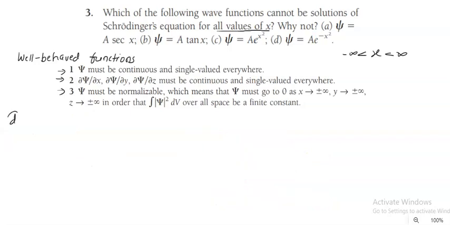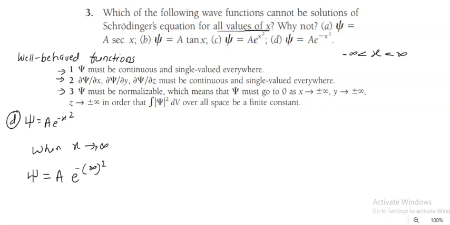So the last wave function, that is psi is equal to A e to the power minus x square. Again we can check the normalizable condition here. So it is a Gaussian, and when x tends to positive infinity, then the wave function psi is equal to A into e to the power negative of, so I am replacing x by positive infinity squared.